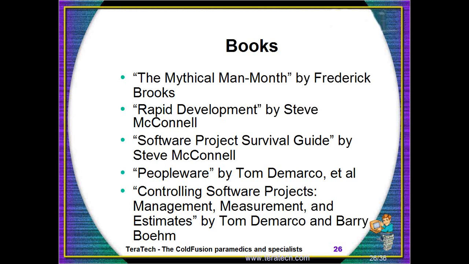Another 2 books by Steve McConnell, who used to be a project manager at Microsoft and now has his own business, Rapid Development and Software Project Survival Guide, have a lot of tips in detail about how to have successful development, do good testing, and how to have teams work well. And then Peopleware by Tom DeMarco and Timothy Lister, which I mentioned earlier, is a great look at the political and sociological aspects of software development.